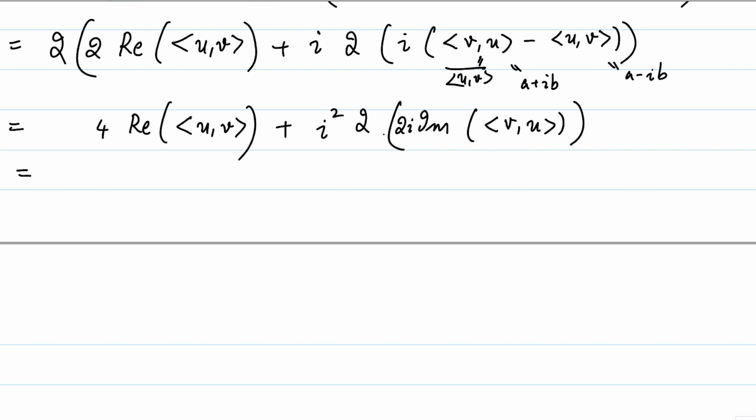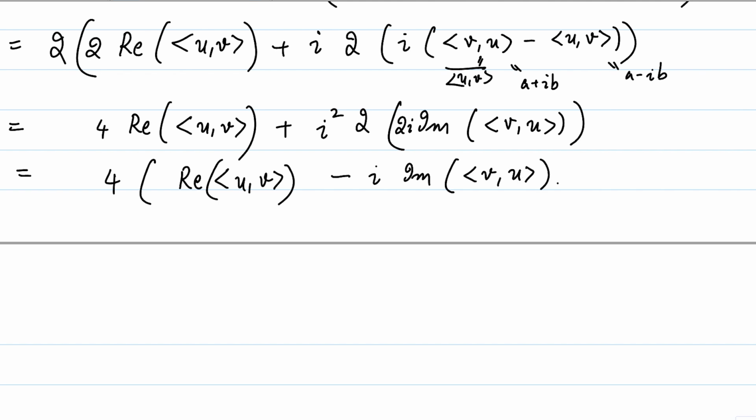So this is again 2 times 2 is 4, 4 times the real part of u comma v minus, so 4 has been taken out, i times the imaginary part of v comma u. But the inner product of v comma u is, let me just rewrite this, the inner product of u comma v bar.